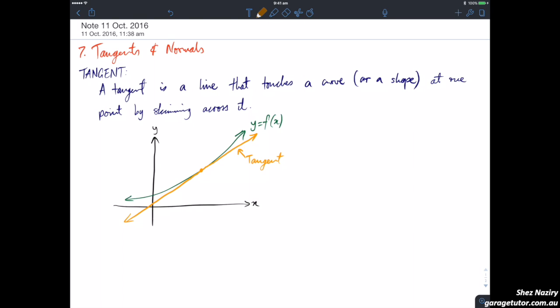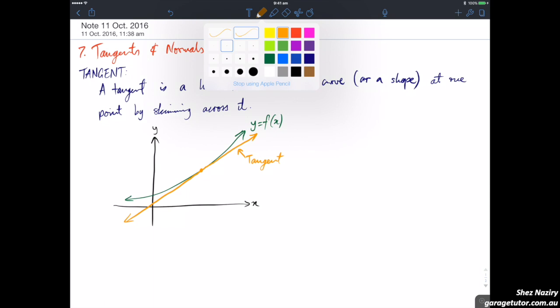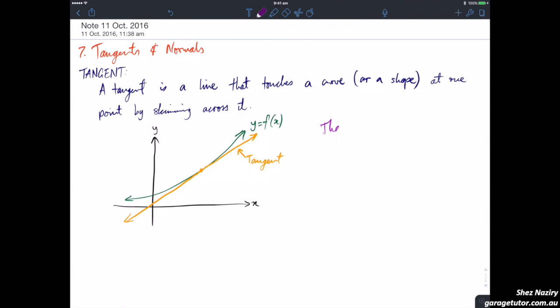Okay, and that's what we're going to be discovering today. Now, like I mentioned to those of you who started calculus with me from scratch, what's another name for the derivative of a function? Gradient function, okay? So the derivative of a function is also known as a gradient function.